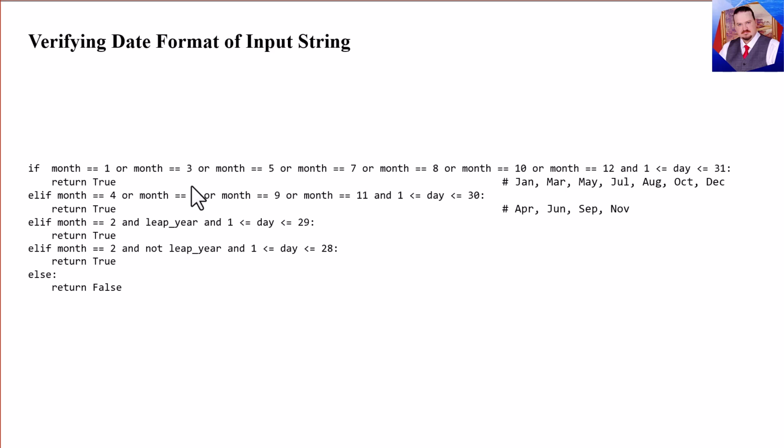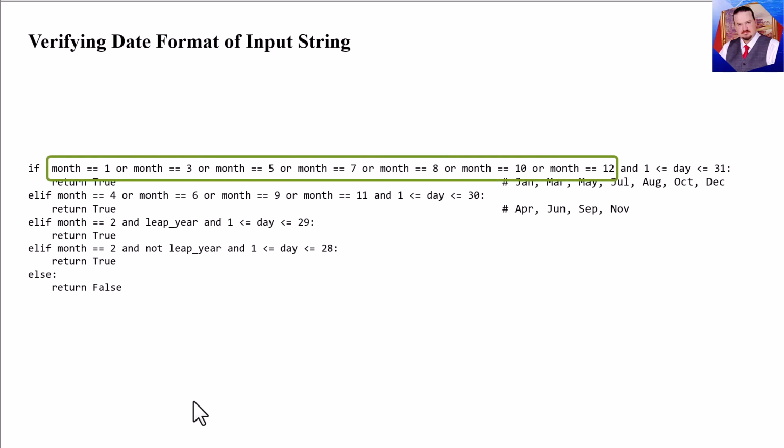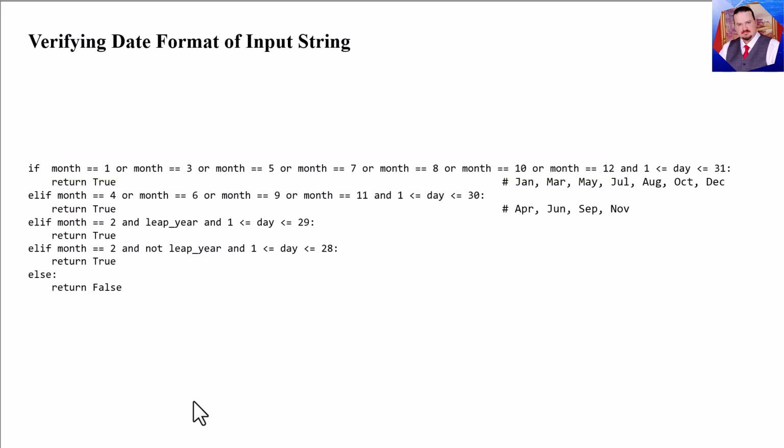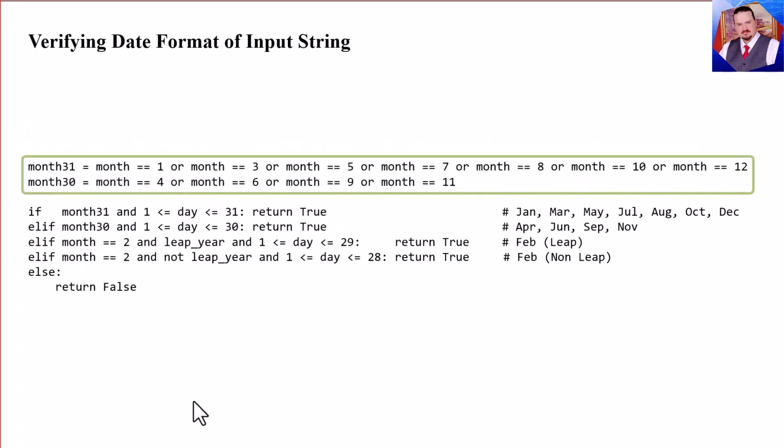Again, with this formulation, we have a long string of or statements. What we can do, we can extract that as a Boolean variable and write, in essence, this block of code a little more succinctly as well. So here, notice I call my Boolean variable month 31, standing for those months with 31 days, and that string of or conditions is there.